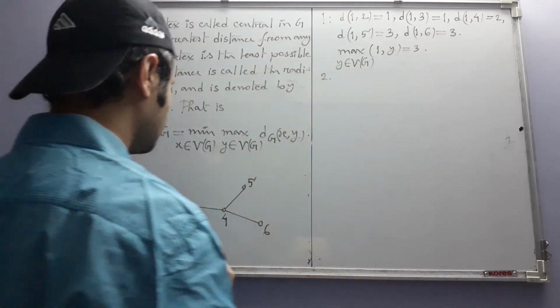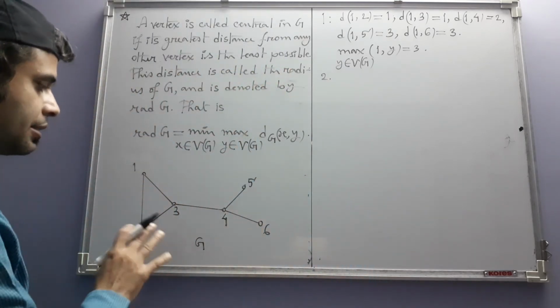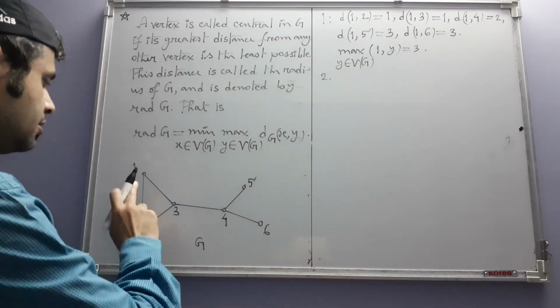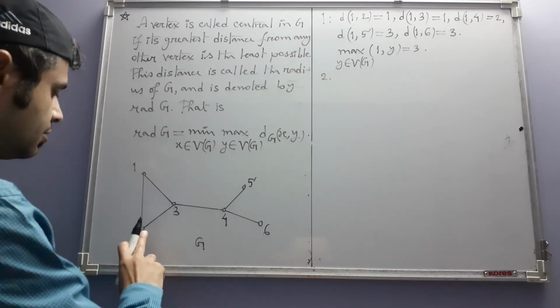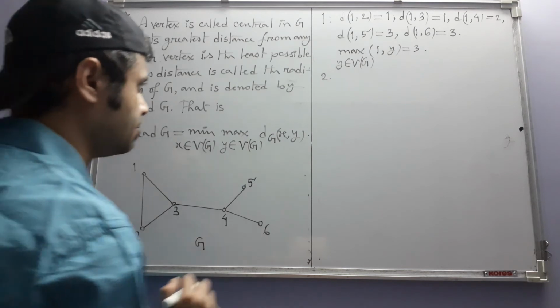For the second one also, as far as distances are concerned, there is a sort of symmetry in this graph that makes 1 and 2 alike. That is, 2 will also have similar distances like 1.